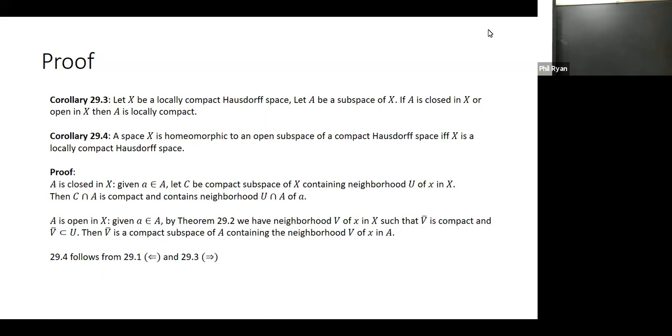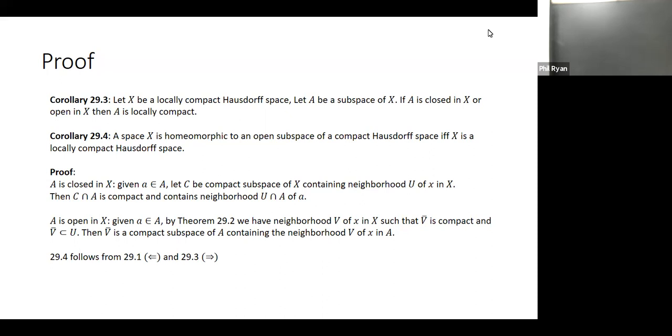So if we've got a locally compact Hausdorff space X and a subspace A of that, then if A is a closed space or an open space, it's also going to be locally compact. And that follows pretty straightforwardly. Say we have a closed space A. We want to show that A is locally compact.